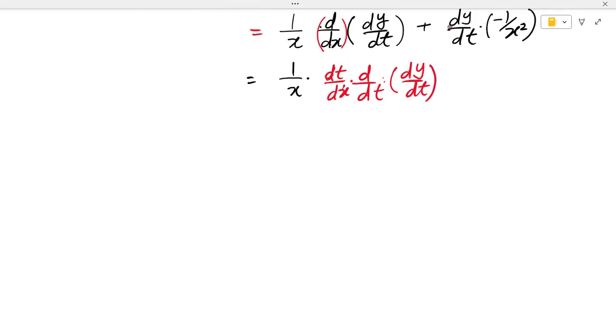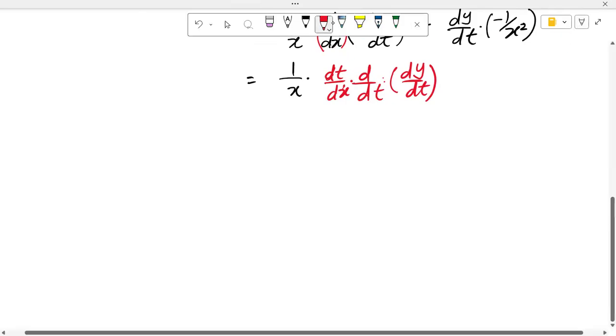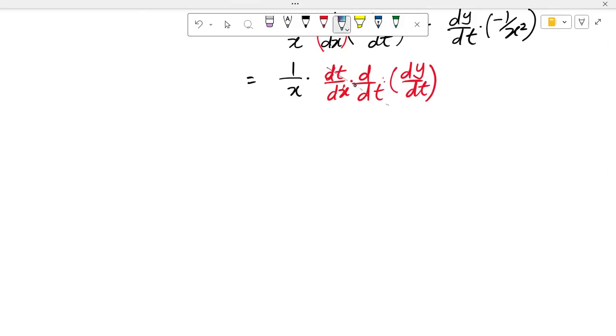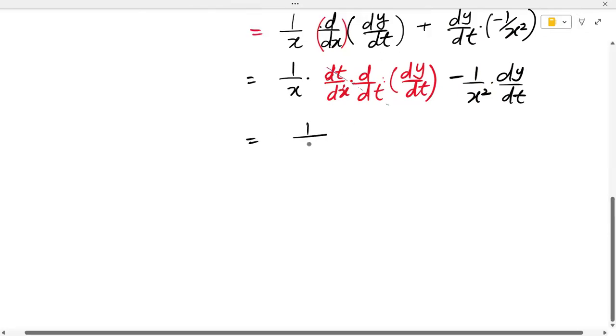Well, this nicely makes up the chain. So we have this one on the chain. Okay, fine. And then it is minus 1 over x squared dy dt. So dt over dx is 1 over x, and therefore it will be simplified to 1 over x squared.